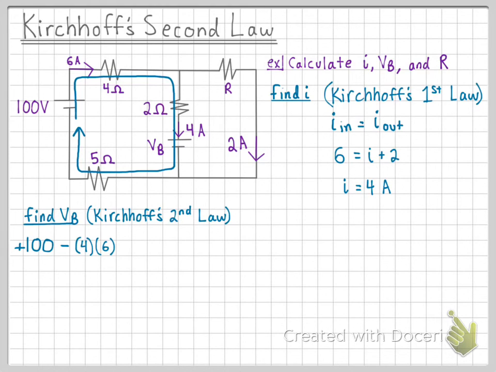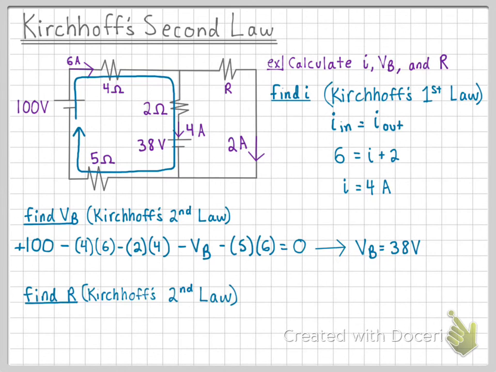And then when we go through the 2 ohm resistor, we're still going with the current, so we're going to subtract the 2 ohm resistance times the 4 amps for the current. And then we're going from the positive to negative terminals of the battery, so we're going to subtract the battery's voltage. And when we travel through this 5 ohm resistor, we're still traveling with the current, so we're going to subtract the current times the resistance. And we set this equal to 0, and when we solve, we see that the battery's voltage is 38 volts.